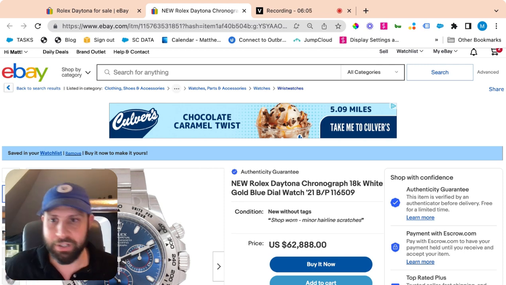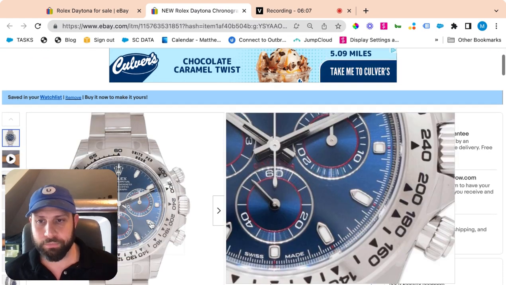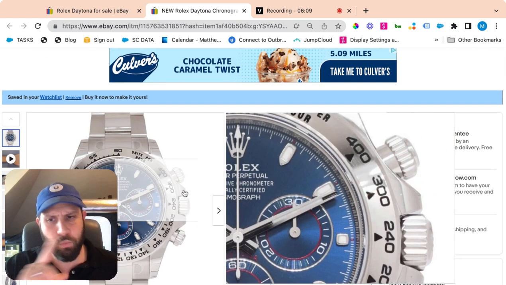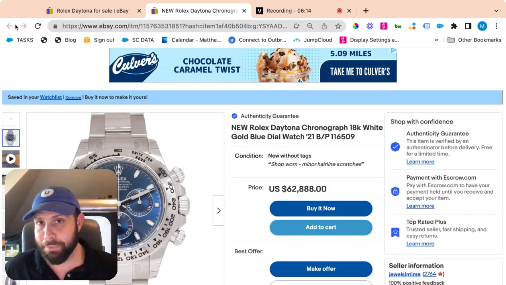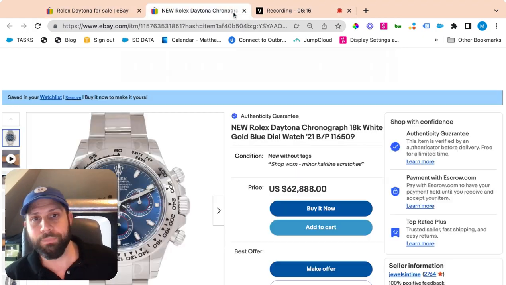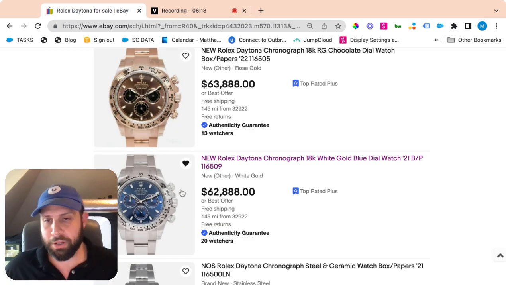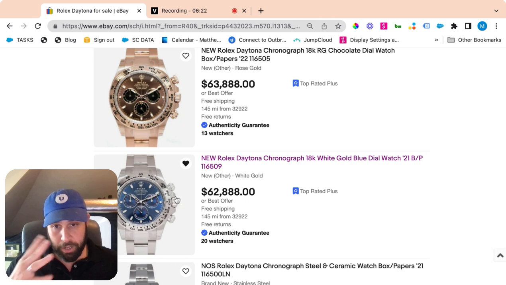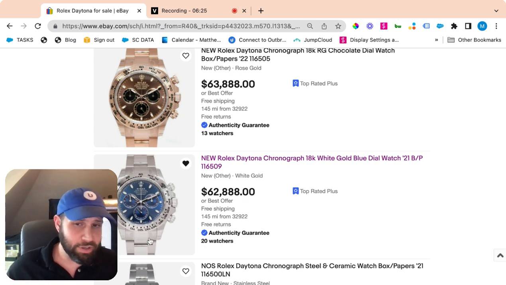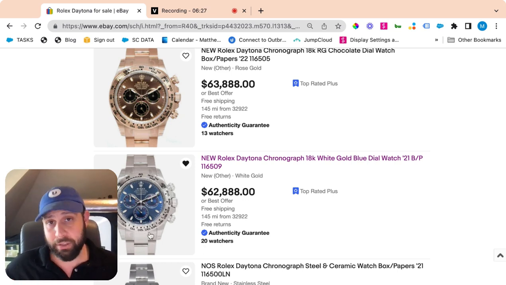Now, here's how you do the math. I'm going to give away the secret, right? This is a beautiful watch. In fact, let's just say I want for sure a blue dial Daytona, the other John Mayer. He talked a lot about that watch, but this is years ago now, and the price has come down a bit. I know in my heart of hearts, because I'm an expert watch trader, that this watch I would never buy for more than $38,000.